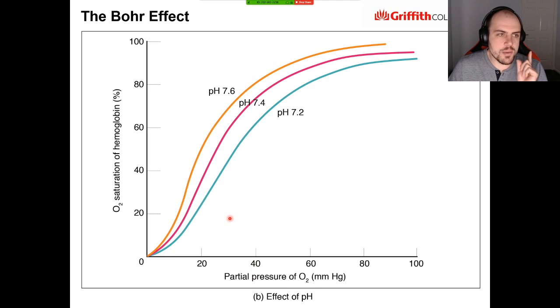Now, if we make this more acidic, so a pH of 7.2, that's much more acidic. If we compare that, it's only 60% saturated. So the more acidic something is, the less likely your hemoglobins can hold on to those oxygen molecules, and it will then be released and delivered to those tissues.